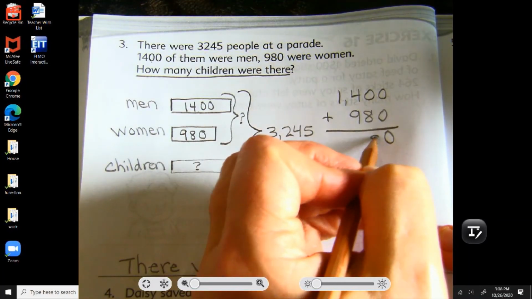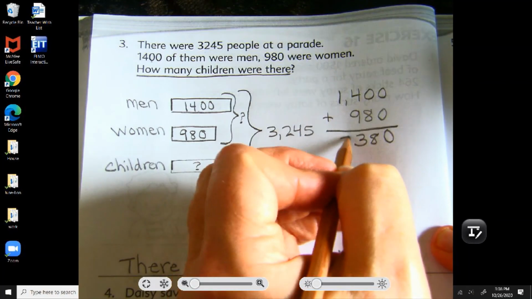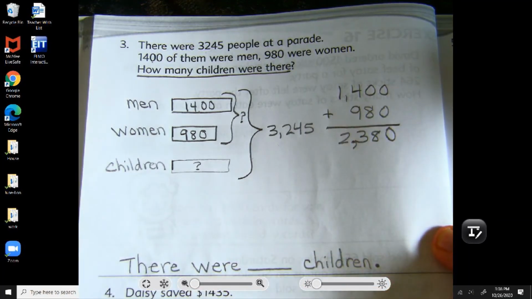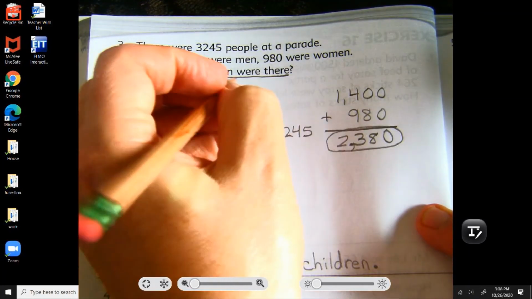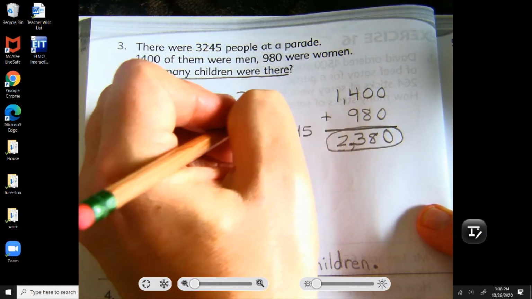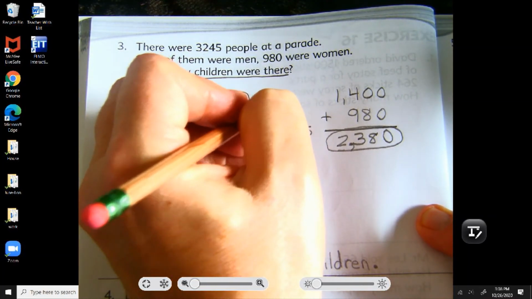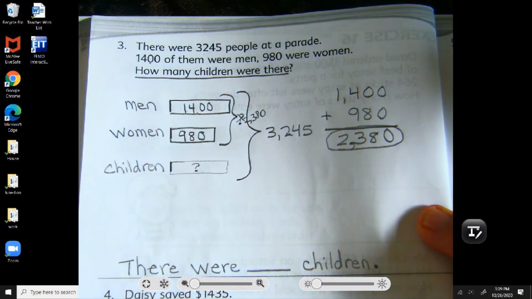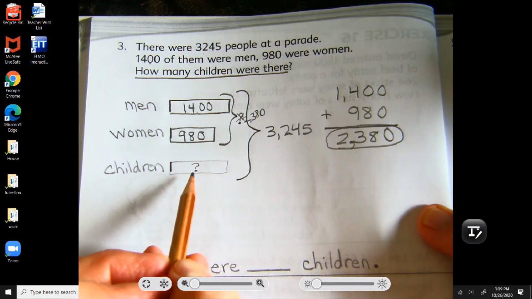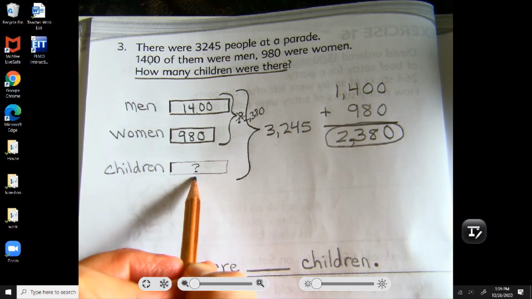Did you add that and get 2,380? 2,380. So that, scholars, I'm going to circle it, and I'm going to write it over here by this question mark, because now I know there's 2,380 adults. But that did not help me with the number of children.